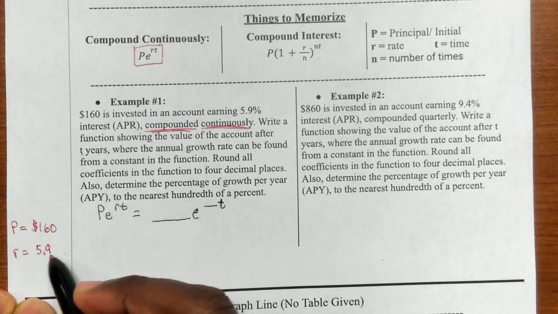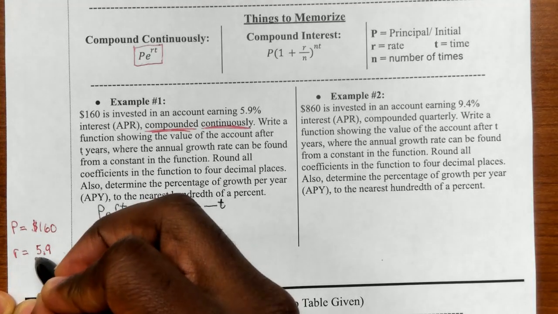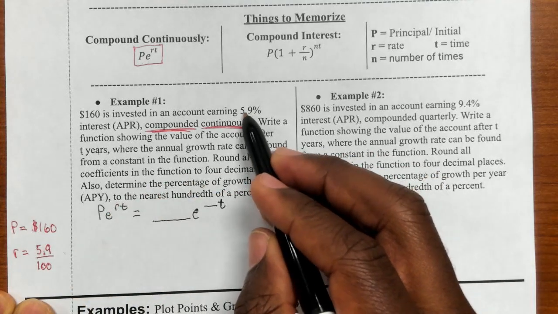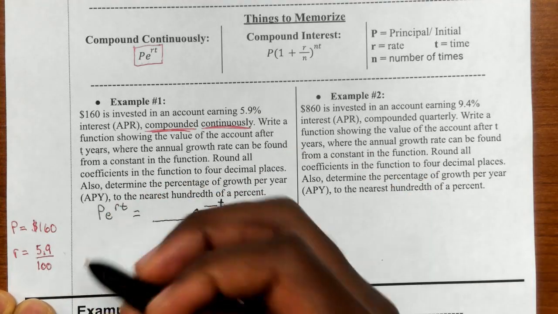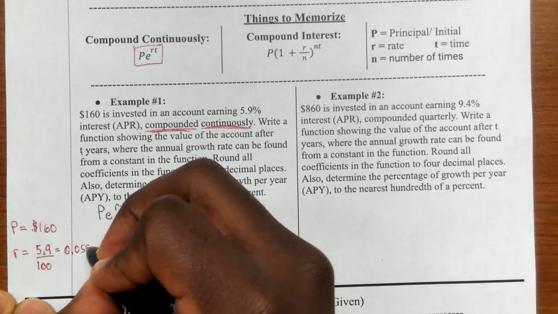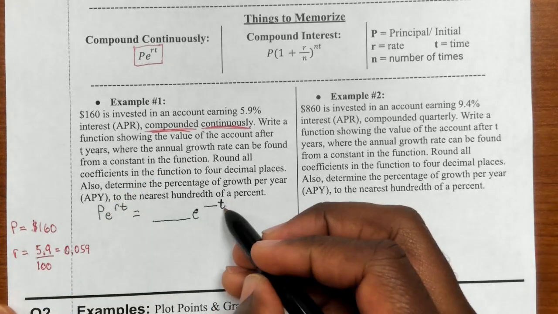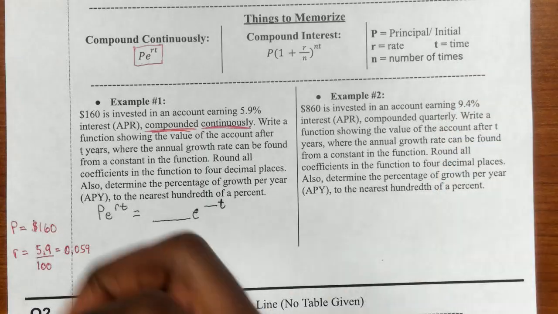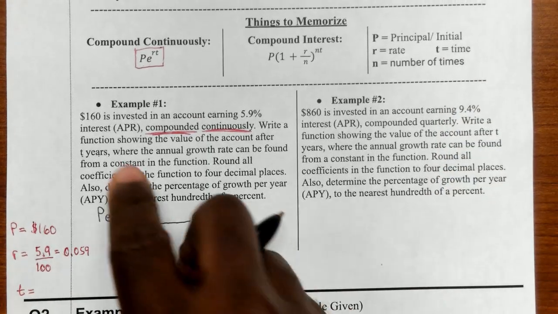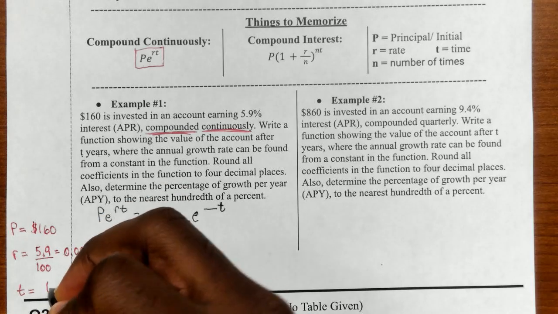So to convert a percentage to a decimal, you divide it by 100. Because again, 5.9% is 5.9 out of 100. And that would be 0.059. So then finally, we try to identify the t. The t represents time. But it didn't tell us how many years. It just said t years. So the t stays the same.